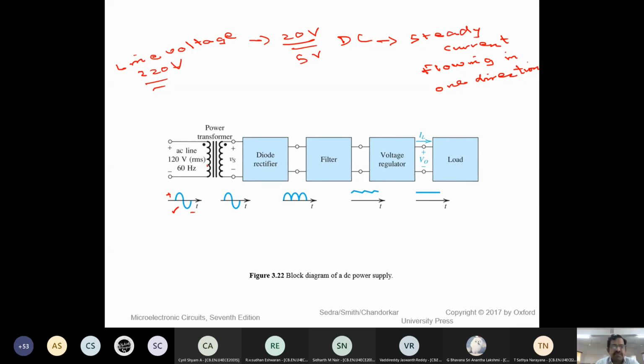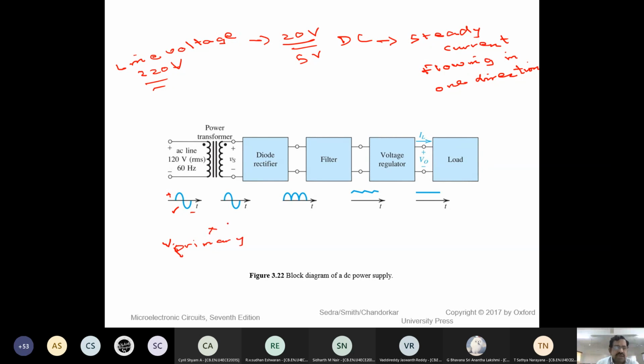First of all, let us understand about this transformer. A transformer has a primary coil and a secondary coil. Depending on the turns ratio, which means how many turns there are in the secondary with respect to the primary, you multiply by the input voltage. Let us say my input is V primary, VP.